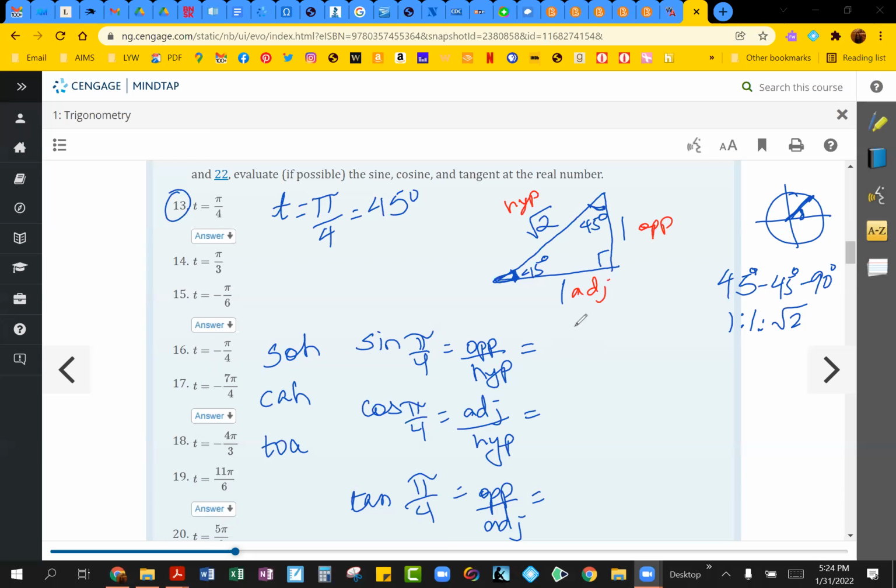Yeah, very nice, Darren. So you have already rationalized your denominator because opposite is 1, hypotenuse is square root of 2. So when you rationalize that denominator, you'll end up with square root of 2 over 2. Perfect. What do we think our cosine for pi over 4 is going to be?